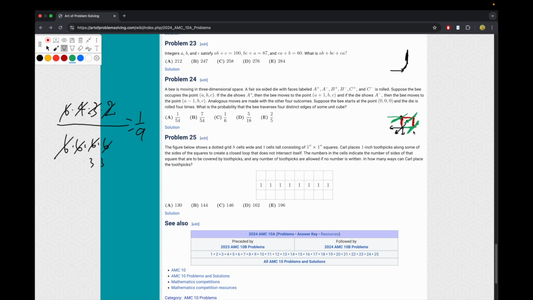It just cannot go down and up and right. Oh, so I made a mistake. It should be 6 times 4, was it 4? 4 times 3 times 3 over 6 times 6 times 6 times 6.